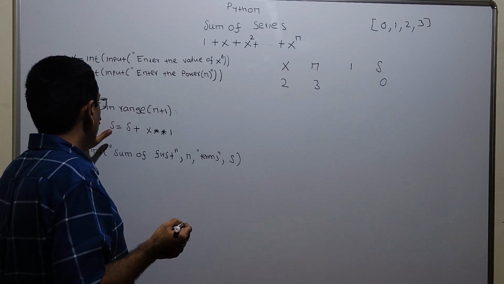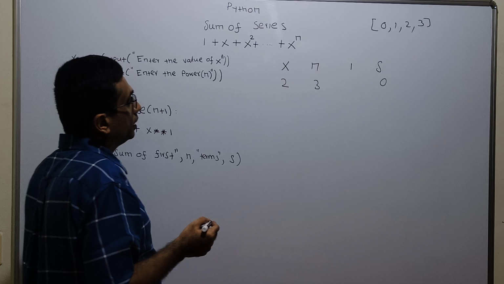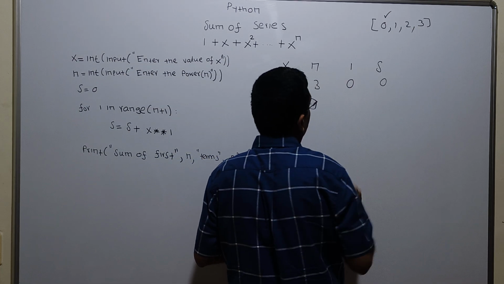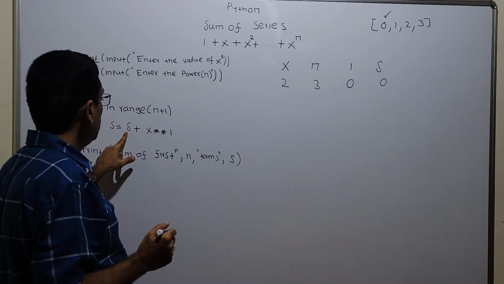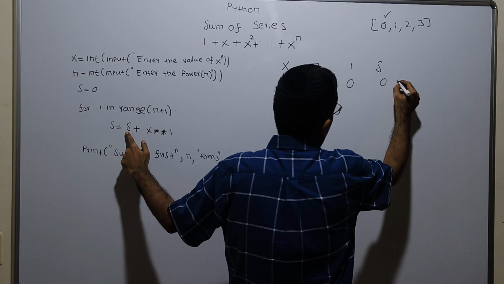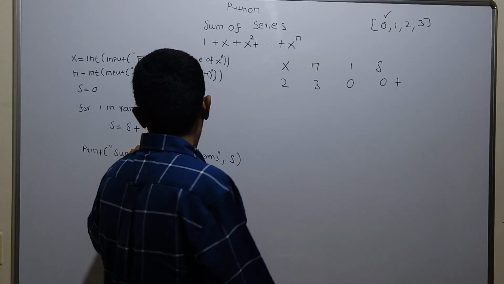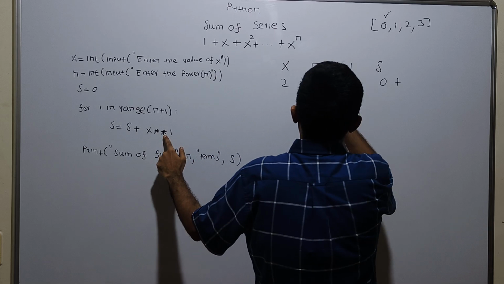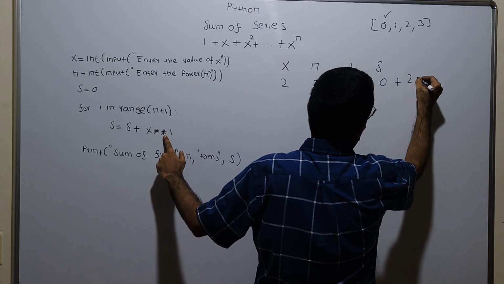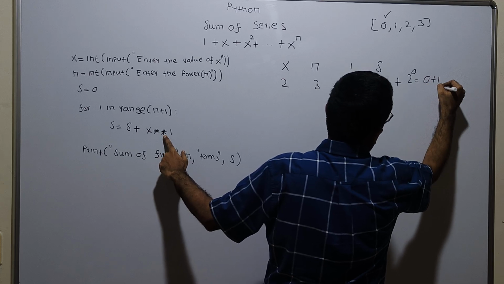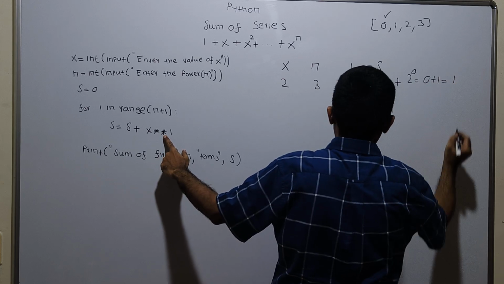Now the first iteration, i takes the value 0 from the list. Here the s value will get calculated. That is, the existing value of s is 0 plus x double star i, that is x value is 2, 2 power 0, which is equal to 0 plus 1. s now has the value 1.